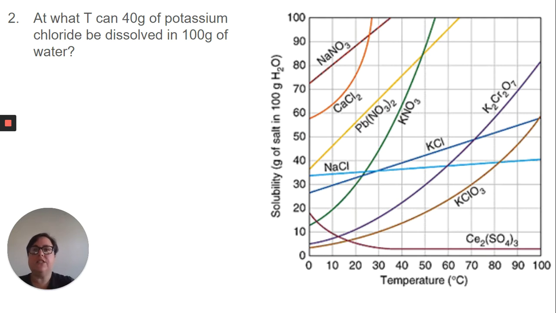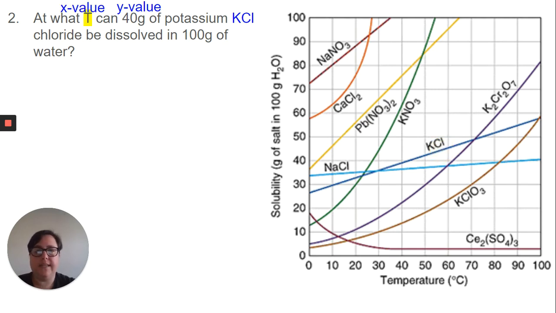Okay, the next question. We have potassium chloride. So we're going to take potassium and chlorine and we're going to cross our charges and we get KCl. So here we're looking at this line right here. We have 40 grams. Grams is our Y value. We're looking for temperature, which is our X value.